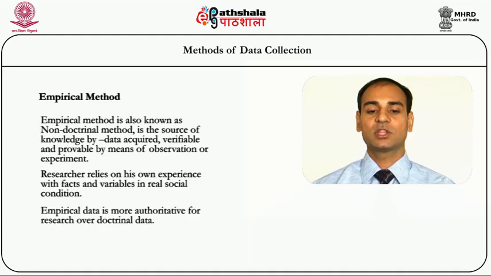Empirical data is more authoritative for research than doctrinal data, because empirical data is directly observed by the researcher in the society. Whatever experience and analysis he has, he further proceeds on the basis of his own understanding and experience. Whereas in the doctrinal method, the overall process of research depends on the informative source.